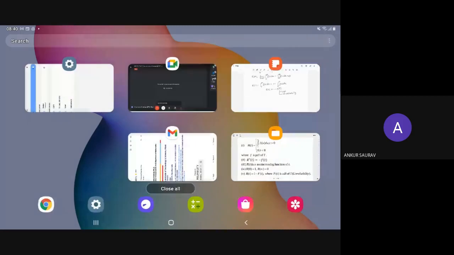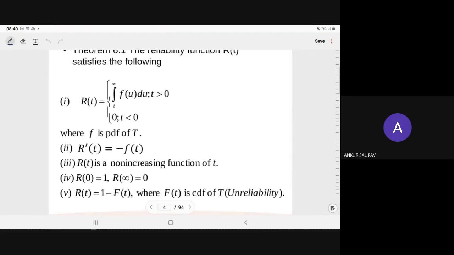So is there anything in this theorem related to reliability you want to ask?